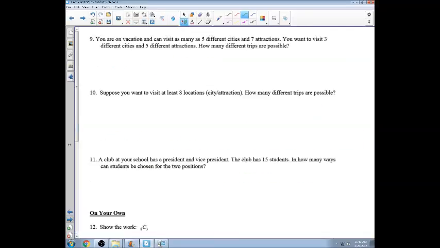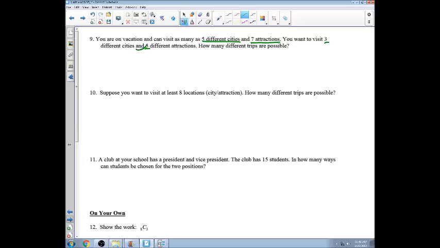Okay? Moving on. You are on vacation and can visit as many as 5 cities and 7 attractions. Those are your total numbers. You have 5 cities, 7 attractions. Those are your maximums that you're going to use for your combinations. You want to visit 3 different cities, so 3, and 5 different attractions, so 5.